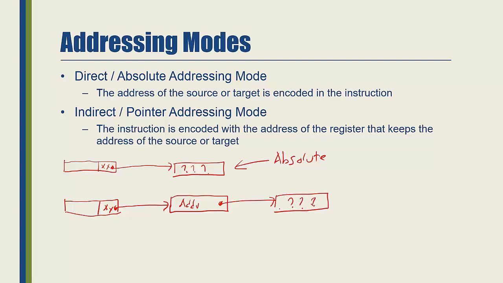So this is where we find our target or the source value. This is pointer. So why do we call it indirect? Because of the intermediate step where we get the address of where to read or write data. This is what we call indirection. This is the case if we want to read data from an array or write data to an array.